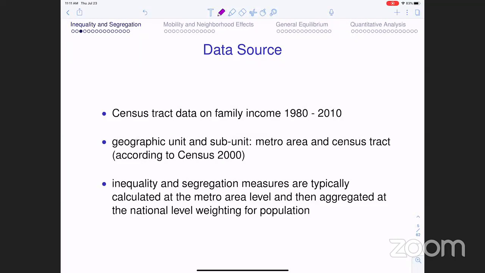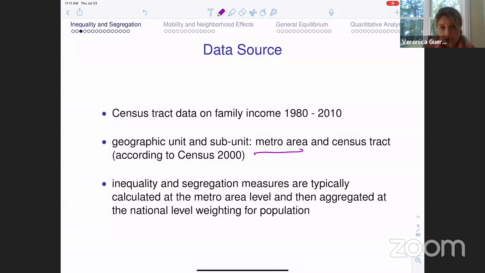The unit of analysis is a metro area, and I'm going to use the census tract as a subunit of analysis. Inequality and segregation are going to be measured at the metro area. When I talk about aggregate measures, I'm aggregating them, weighting by the population of each metro area.